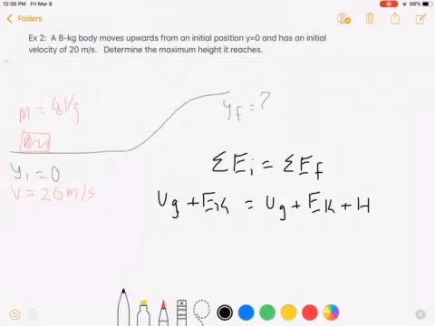Initially our object is on the ground, right? When it's on the ground at a height of 0, it has no potential energy. It does, however, have a velocity, so it will have kinetic energy.